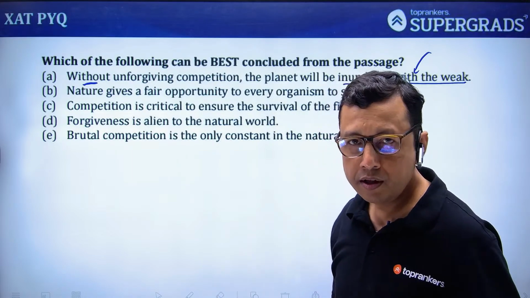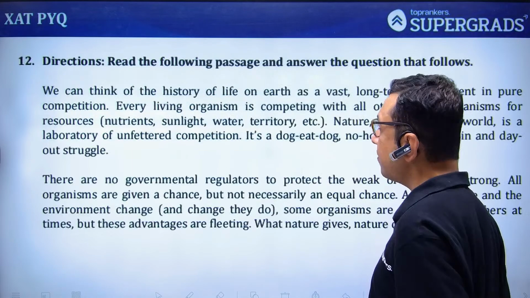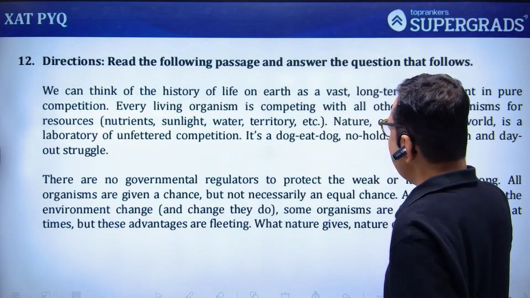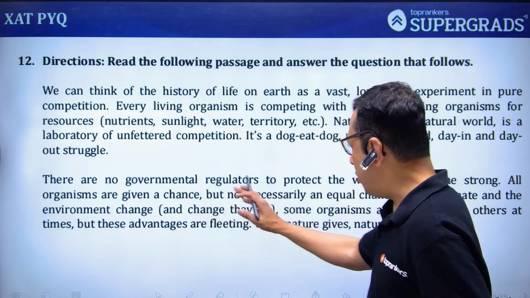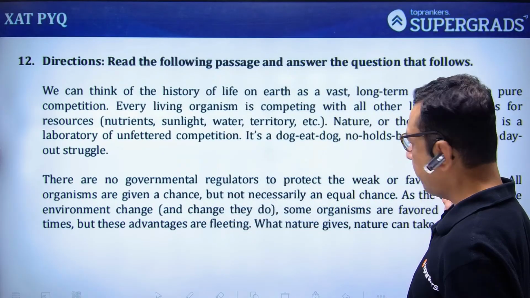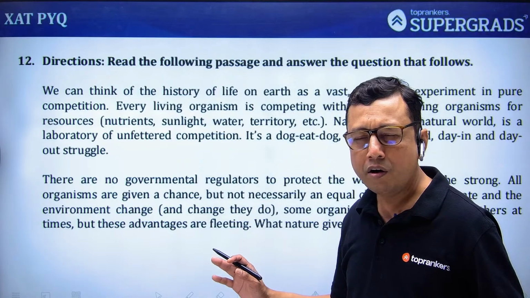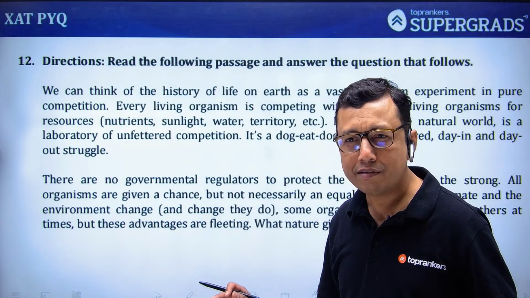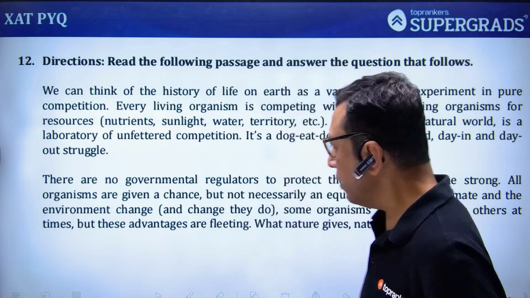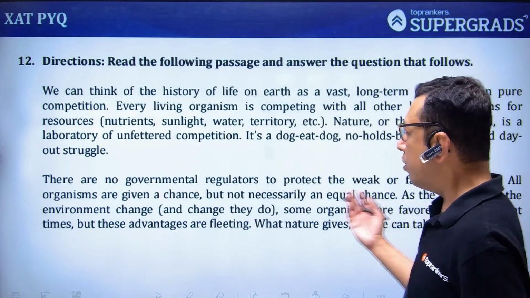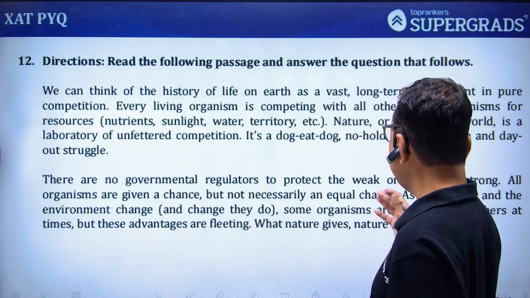All that the passage simply says is that competition is there, and there are no government regulators to protect the weak or favor the strong. The competition is simply there and it's quite stark, harsh, brutal. All organisms are given a chance, but not necessarily an equal chance.